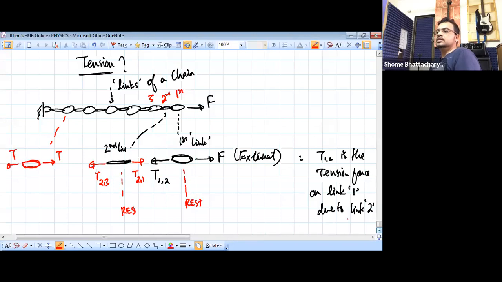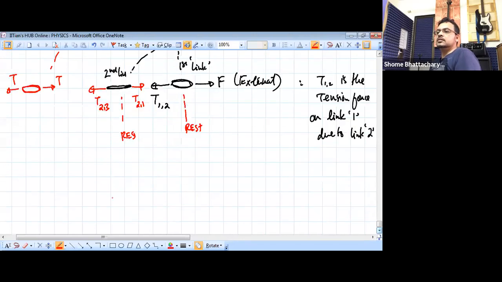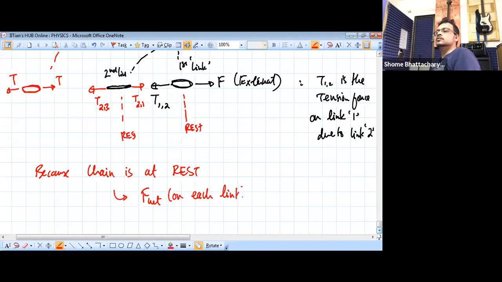Okay. So you can see here that because the chain is at rest, that means the net force on each link is equal to 0. So F is balanced by T12, that is balanced by T21, that is balanced by T23, that is balanced by T34, like this.